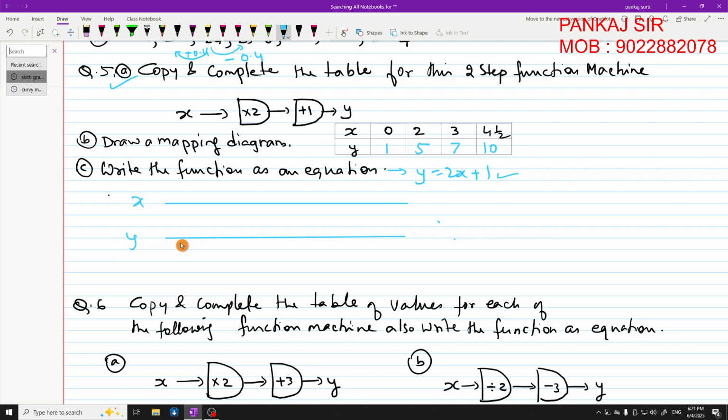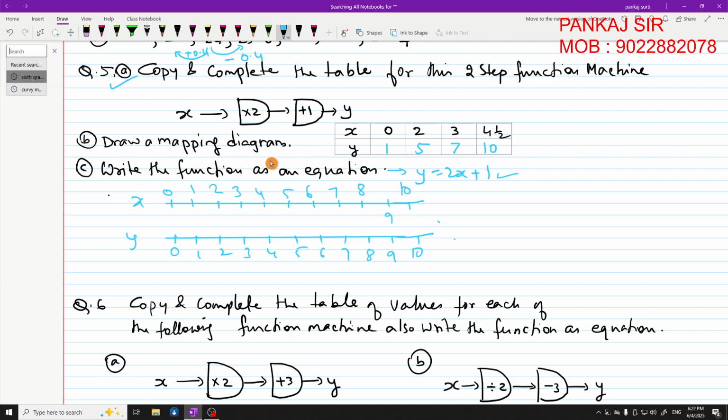So from here, I'll go 0, 1, 2, 3, 4, 5, 6, 7, 8, 9, and then 10. In x also 0, 1, 2, 3, 4, 5, 6, 7, 8, 9, and then 10.